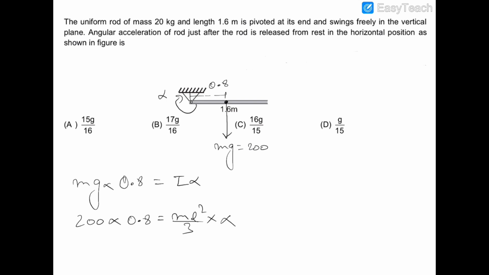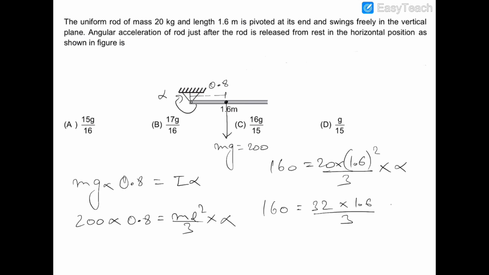So 160 is equal to m is 20, l is 1.6, so this is 1.6 square divided by 3 into alpha. So 160 is equal to 32 into 1.6 divided by 3, alpha. So cancelling out this 1.6 with 160, this is 100, and cancelling this with 4, this is 25 and this is 8.